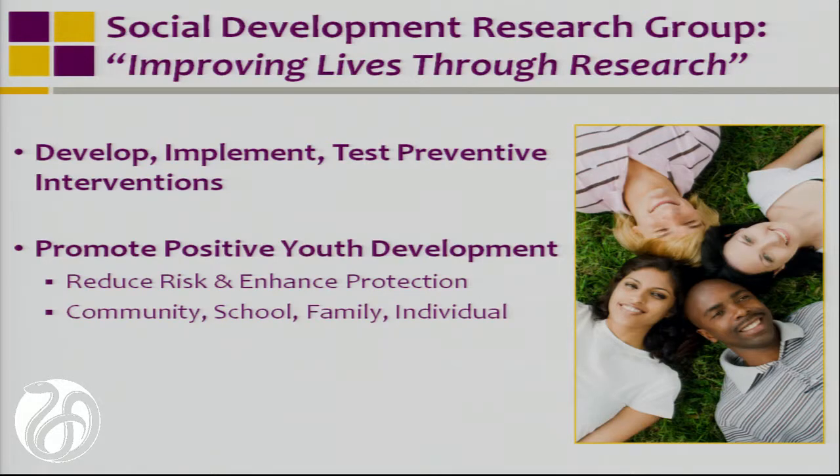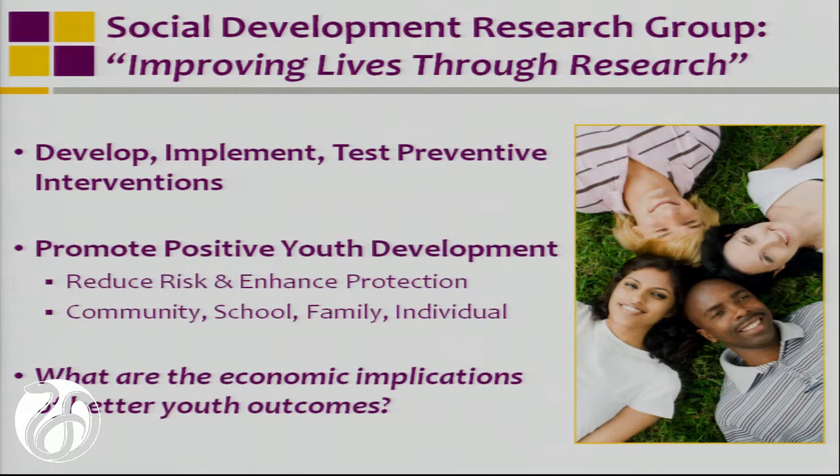These risk and protective factors operate in the various contexts in which kids develop: communities, schools, homes, and in kids themselves as well. In recent years, we wanted to understand not only whether our interventions are effective, but also what are the economic implications of the improved youth outcomes that our interventions achieve. And that's the work that I do at SDRG.